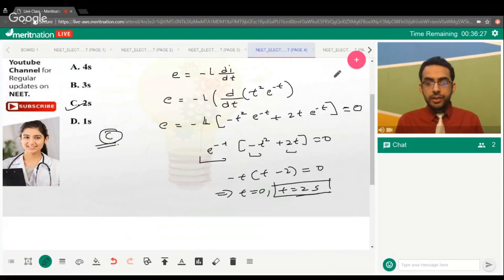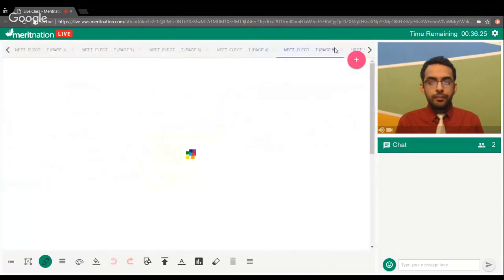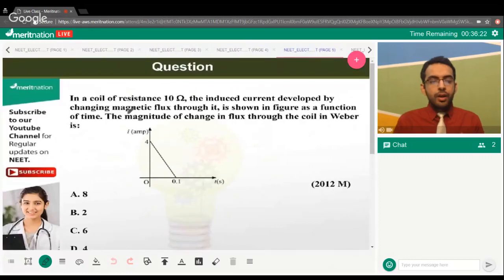Let's move to the next question. In a coil of resistance 10 ohm, the induced current developed by changing magnetic flux through it is shown in the figure as a function of time.